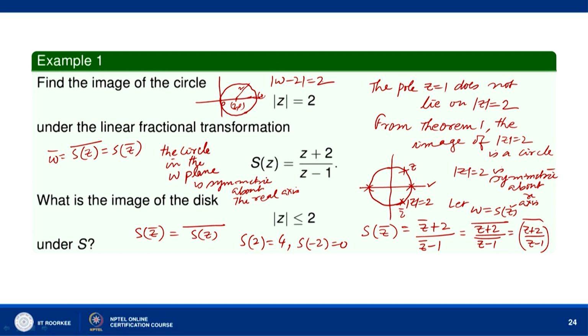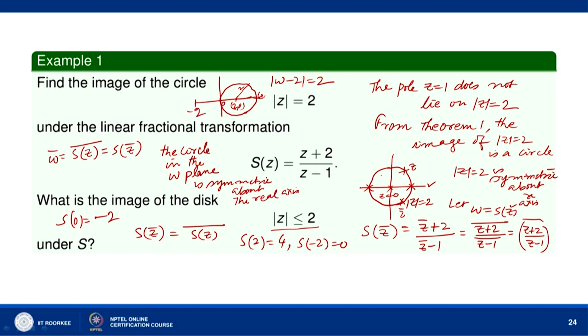Now, let us ask what is the image of the interior of the circle |z| = 2. Suppose you take z equal to 0 here. z equal to 0 maps to S(0) equal to −2, and −2 lies outside this circle; −2 is here.